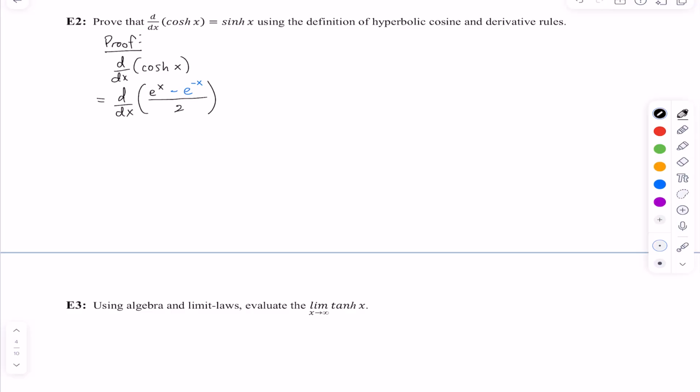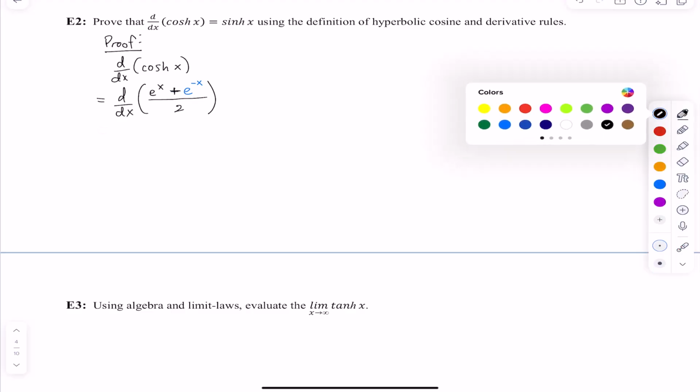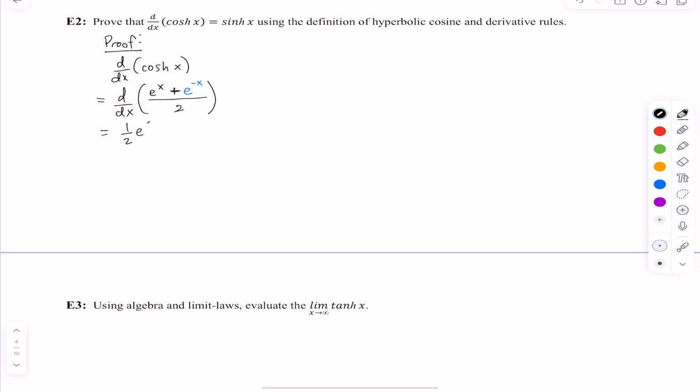And notice this is the derivative of the sum of two functions. And so I'm going to look at each function individually. Let's take the derivative of the first function. That's just 1/2 e to the x. And then we're going to go ahead and add the derivative of the second function, which is e to the opposite of x over 2 with the chain rule.